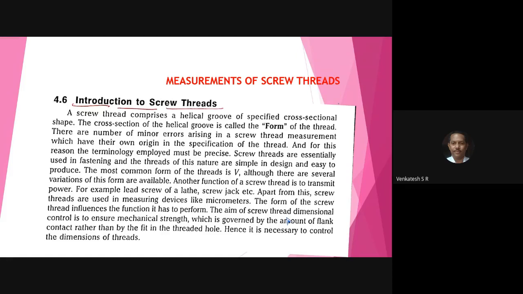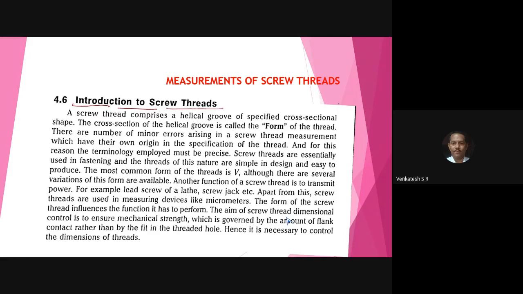In British thread, we mention the number of threads per inch, in the British system where we use inches. In the metric system, M18, M20, like this. M means metric, and 18 or 20 is the major diameter of the screw thread.